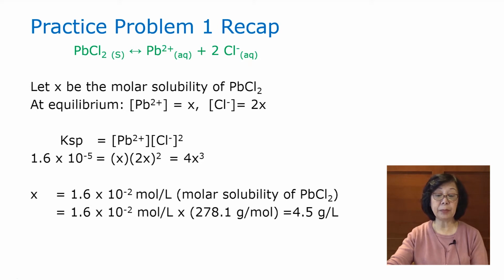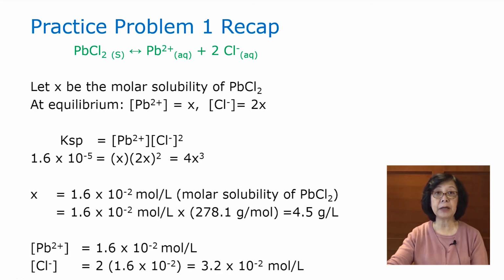And if we take that number and convert it into grams by multiplying by the molar mass of lead chloride, 278.1 gram, we have 40.5 gram per liter. The lead ion concentration is 1.6 times 10 to the minus 2 mole per liter, while that of the chloride is 2 times that number, which is 3.2 times 10 to the minus 2 mole per liter.